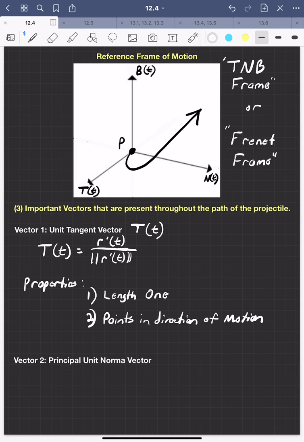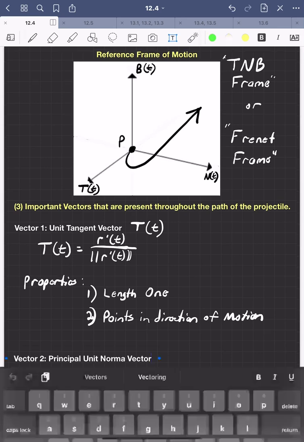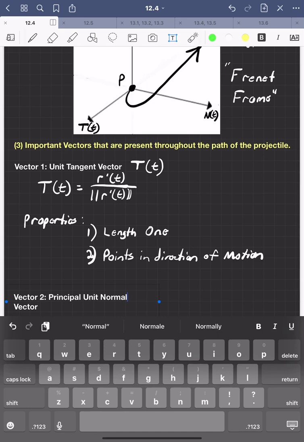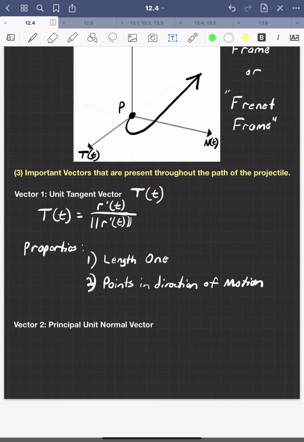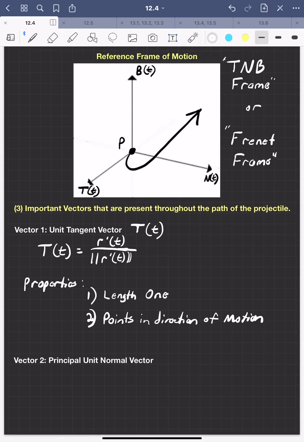The second vector that is extremely important is what we call the principal unit normal vector. Now let me list how we're going to denote it, and I will carry the properties onto the next page where I have more room. So we denote the principal unit normal vector n of t. And now let's define it.